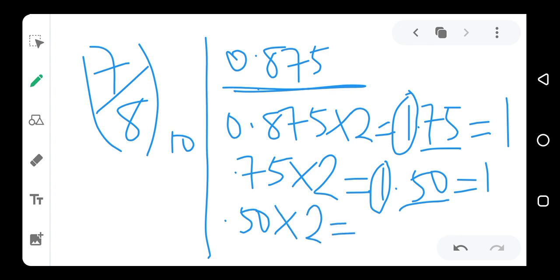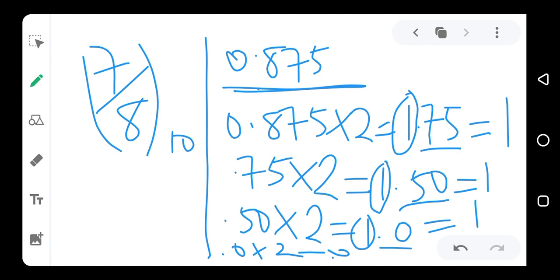This will give us 1.0. The whole number is again 1, so we say 1 and we carry the decimal point, which is 0.0. 0.0 multiplied by 2 will give us 0. Once we get to 0, we stop.